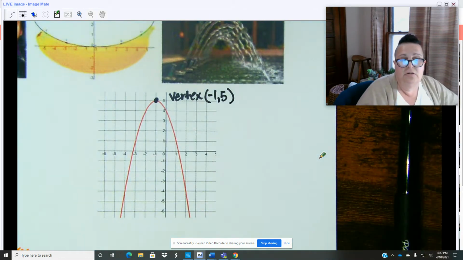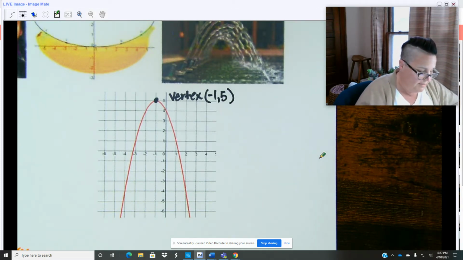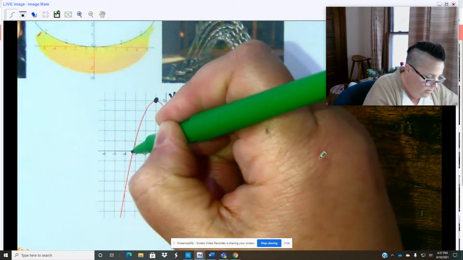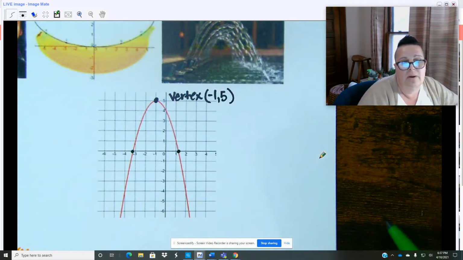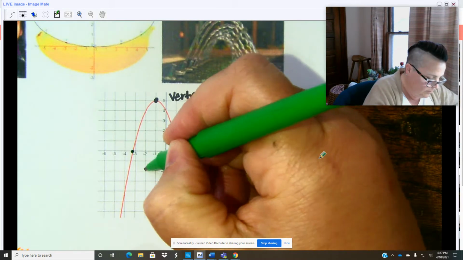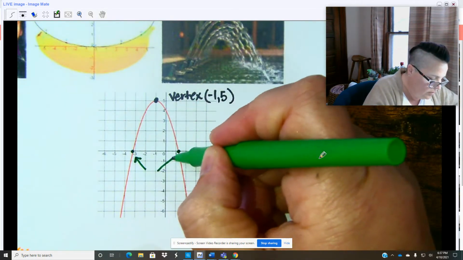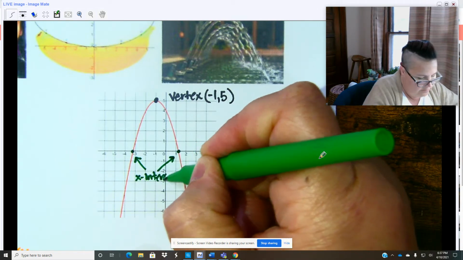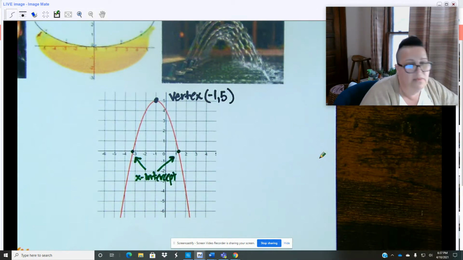Is there an x-intercept? Where does it cross the x-axis? Well, it crosses the x-axis here and here, right? Those are our x-intercepts. Where would those be? Well, it's really hard without knowing more.